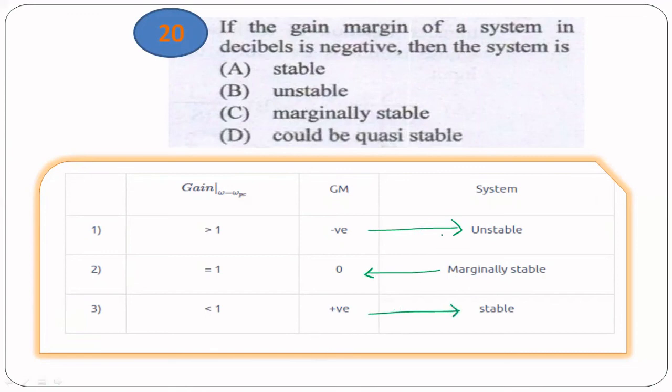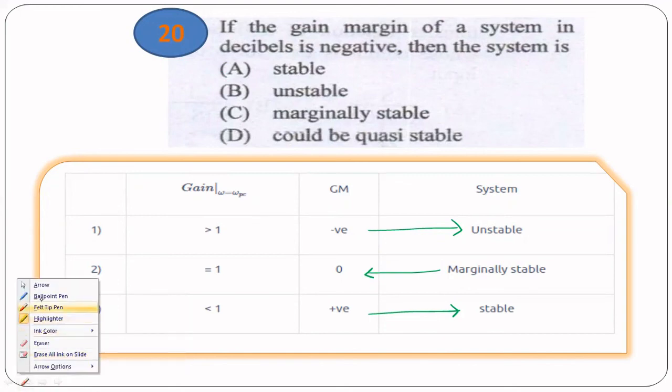With this information, we can mark that whenever our gain margin is negative, the system is unstable.